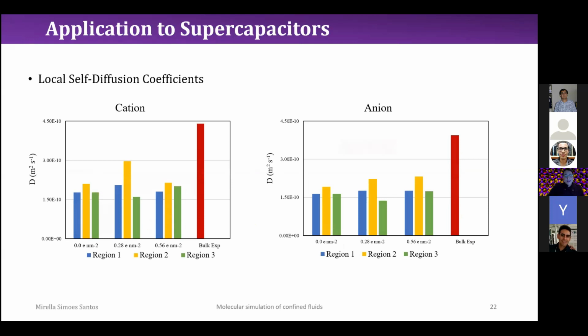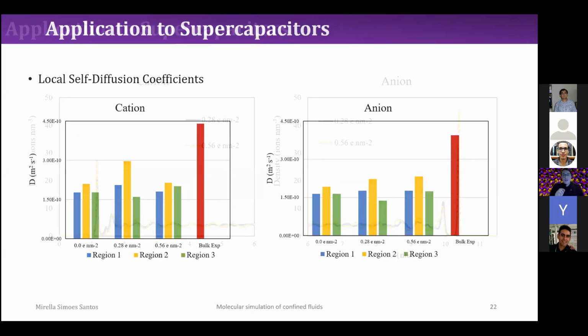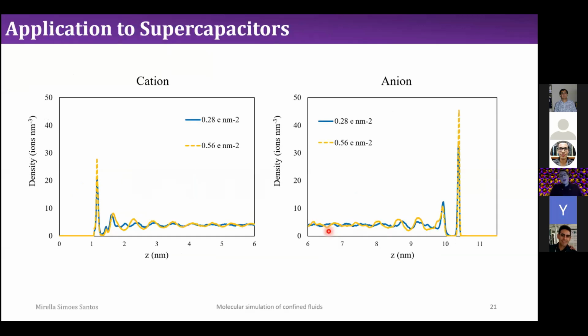So, okay, that's my extra example. But just going back here to the application to supercapacitors, what we have been mostly focusing on at the moment is developing different theories to describe these transfer properties within supercapacitors when we have very highly correlated fluids such as an ionic liquid, as well as considering different effects of different surfaces and corrugations on the electrode materials.